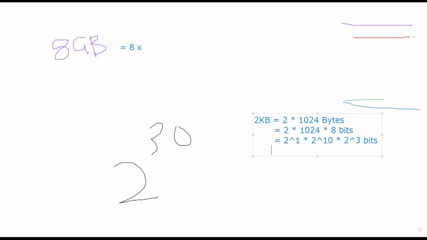So the final answer is 2 to the power 10 plus 1 plus 3, that is 14 bits. So that's the correct answer if it is 2 kilobytes.